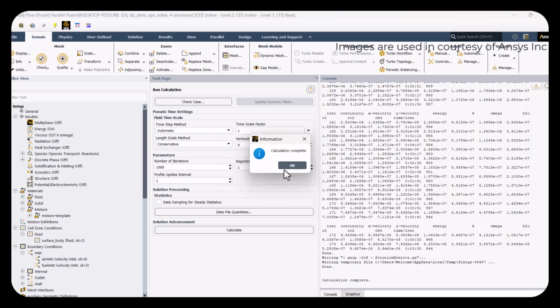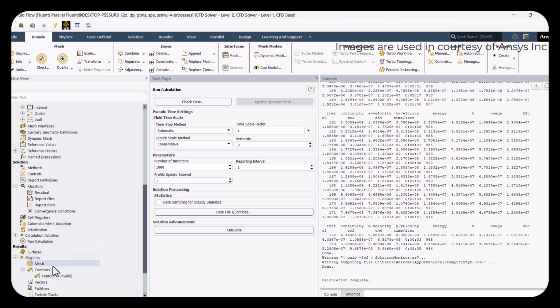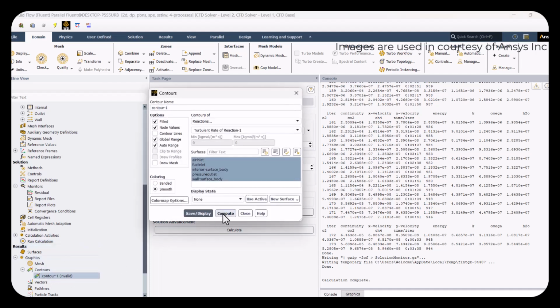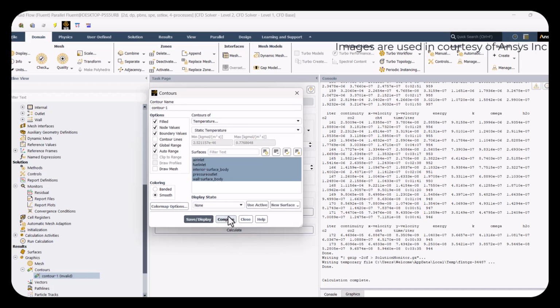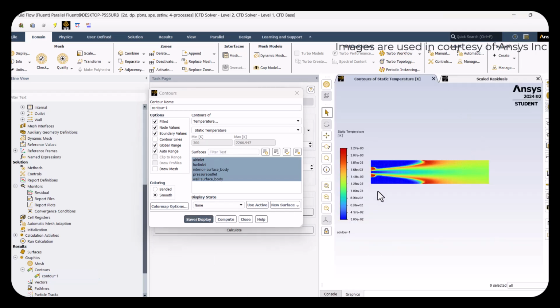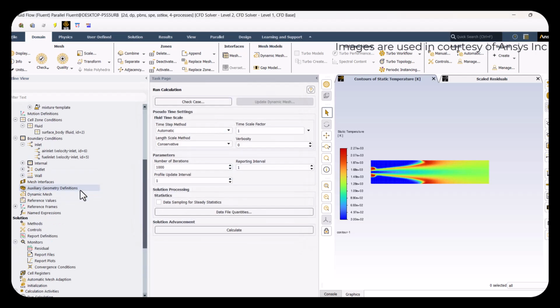You can just see here the temperature rise also will be huge. So you can see the reaction rate is 0.77 max. The temperature is approximately 2200. See, so there's a huge reaction rate, that's a huge exothermic reaction that has been happening. It is due to purely turbulence.